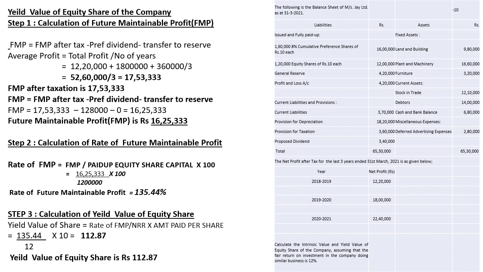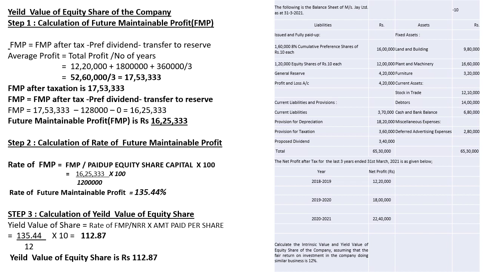You take 12 lakh into 100. When you do this calculation on your calculator, you get the rate of future maintainable profit as 135.44%. 135.44% is your rate of FMP. This is the answer of step number 2.